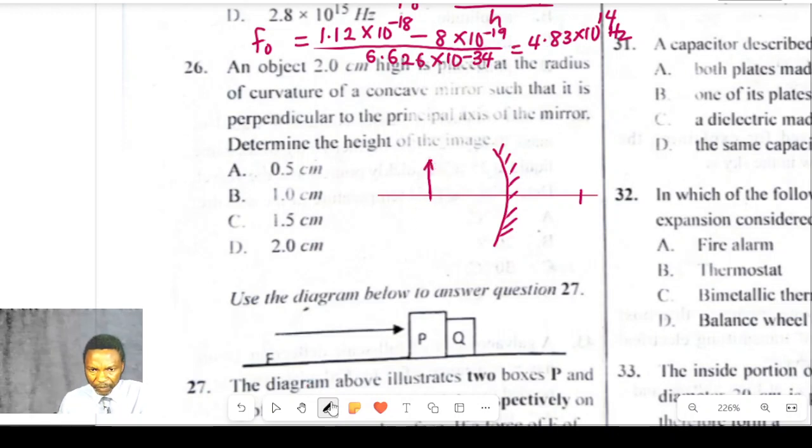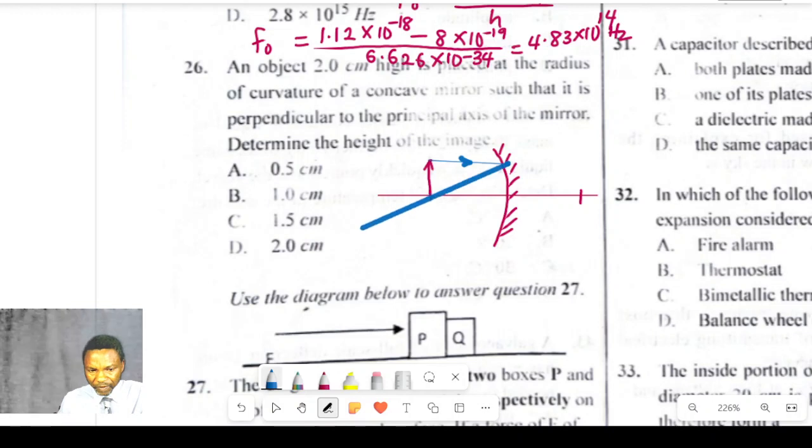So we can draw a ray that comes straight and strikes the mirror, then it passes through, and then a ray that passes through the center of curvature.